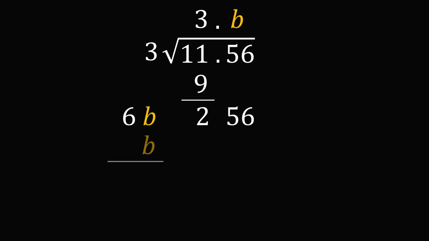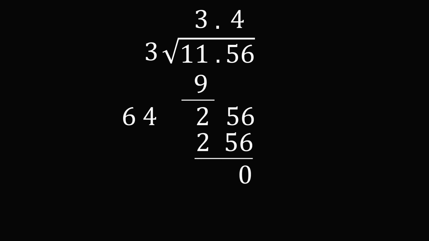So we take b is equal to 4, and we figured out that the next product will be 256. We subtract that and we have no remainder. So the square root of 11.56 is 3.4. And in fact, the square of 3.4 is equal to 11.56. Congratulations, you could have gotten into MIT in the year 1876.